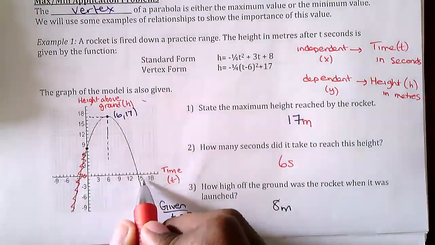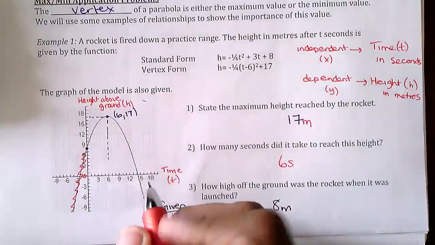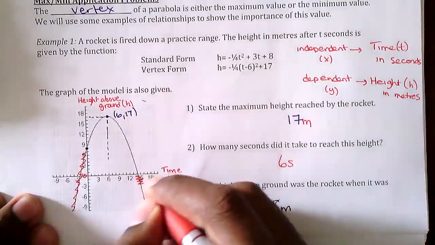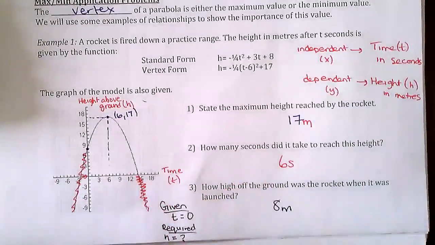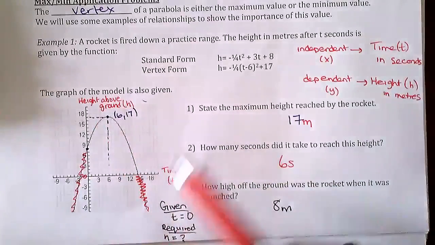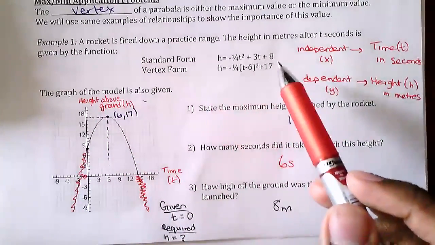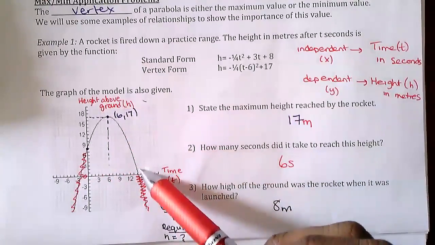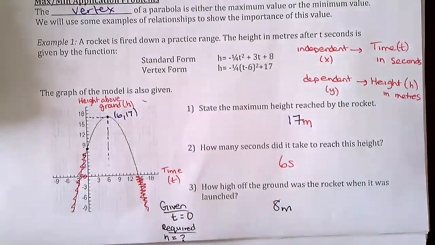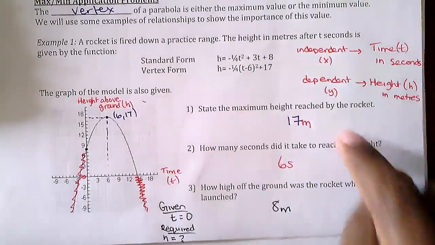We're going to assume that there are no holes in the ground, so the ball can't continue going deeper into the ground. Once the ball hits the ground, it's hit the ground. So even though this entire parabola represents this particular function, this is the only section of the parabola that is relevant to this context.